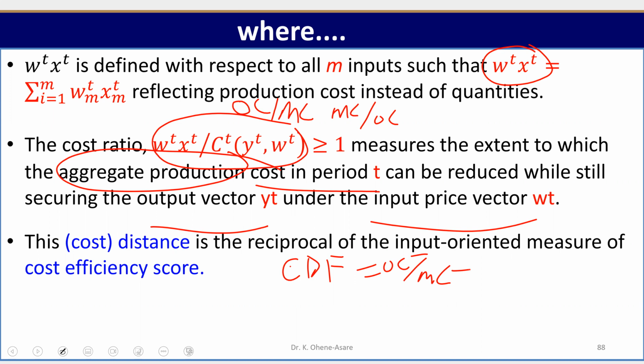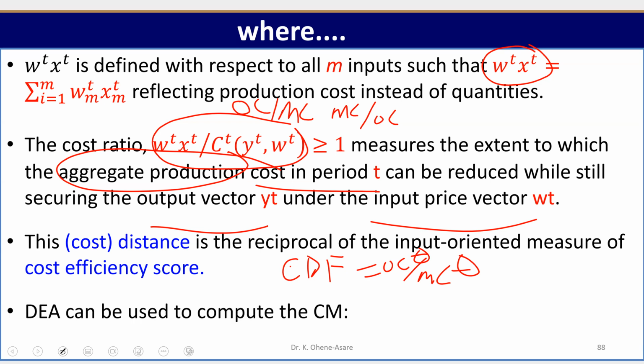So we can use a distance function to measure it, even though we can also use an actual value of observed cost divided by an actual value of minimum cost. It's still a distance, and we can use distance to look at it. And DEA can help us to use distances to look at it.